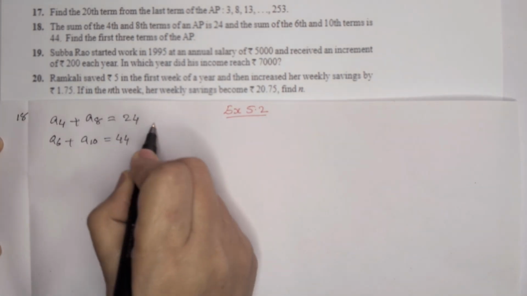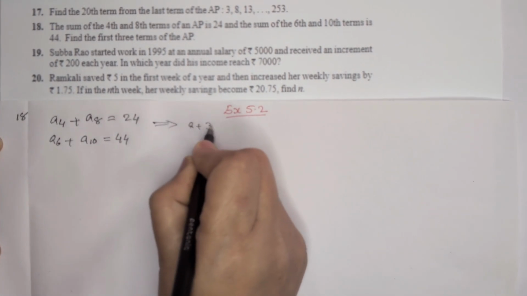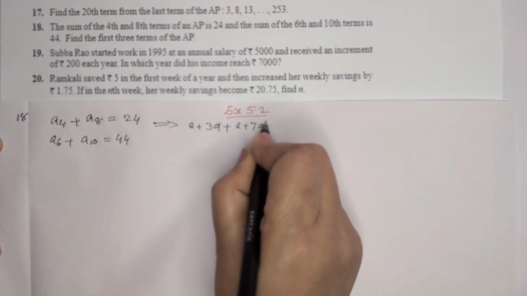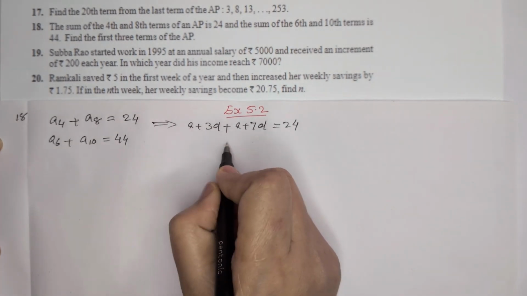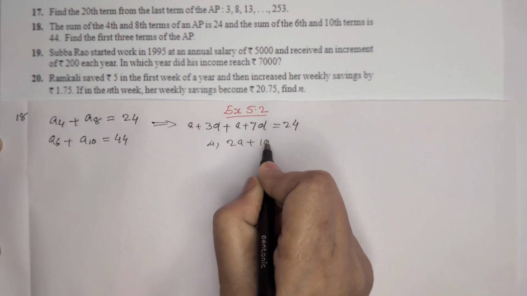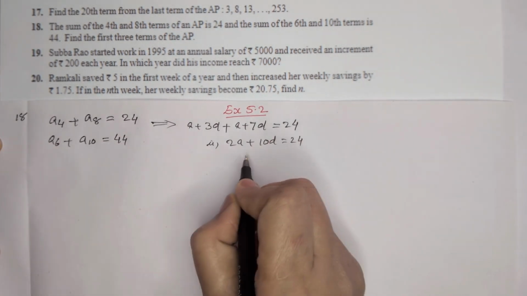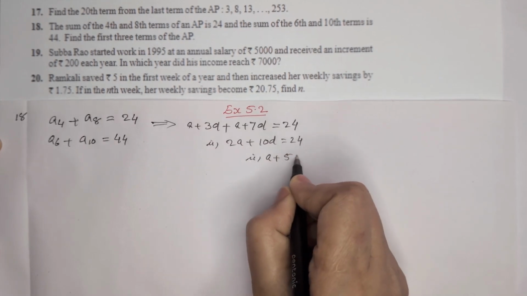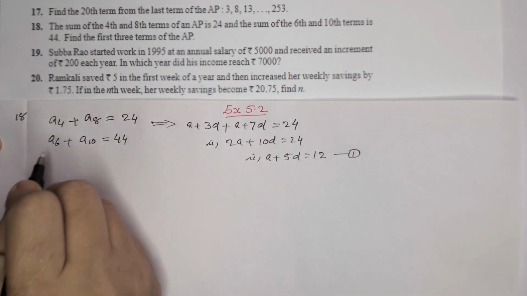So we can rewrite this: a4 means a plus 3d, plus a8 means a plus 7d, which is equal to 24. That means 2a plus 10d is equal to 24. If we divide by 2, we will get a plus 5d is equal to 12. That is equation number 1.